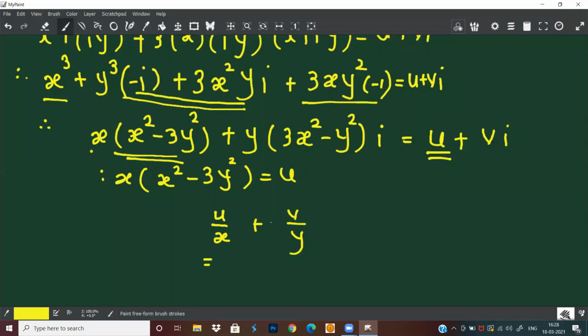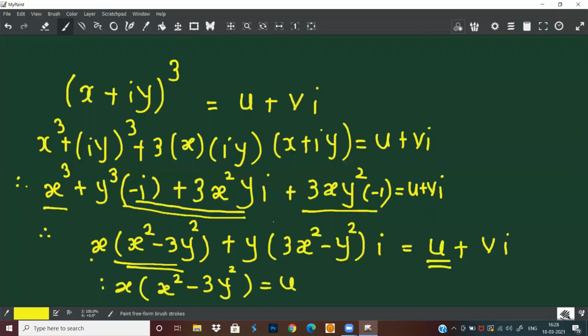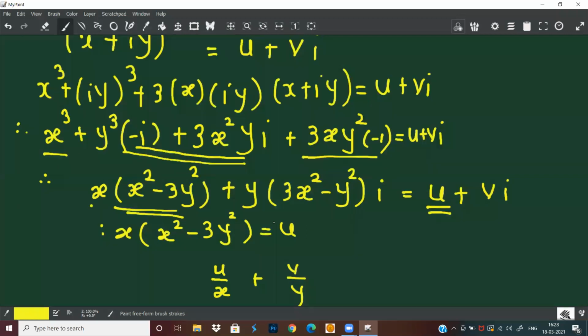Are you able to see? Okay. So you add, yes, I understand. So this is 4 into bracket x square minus y square.